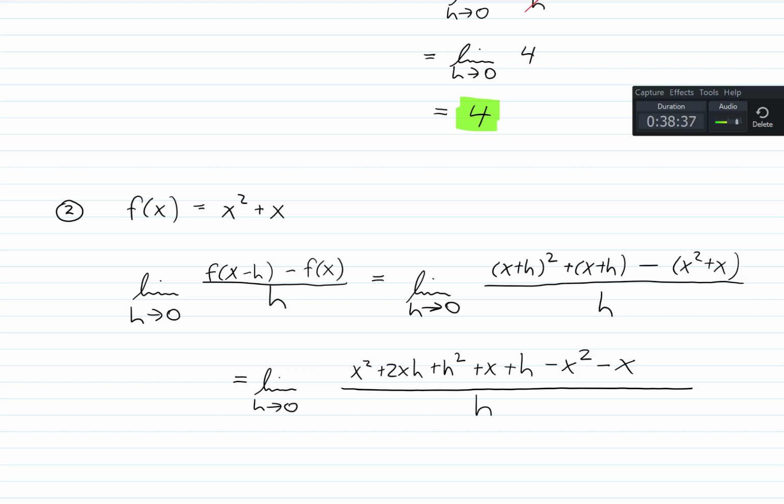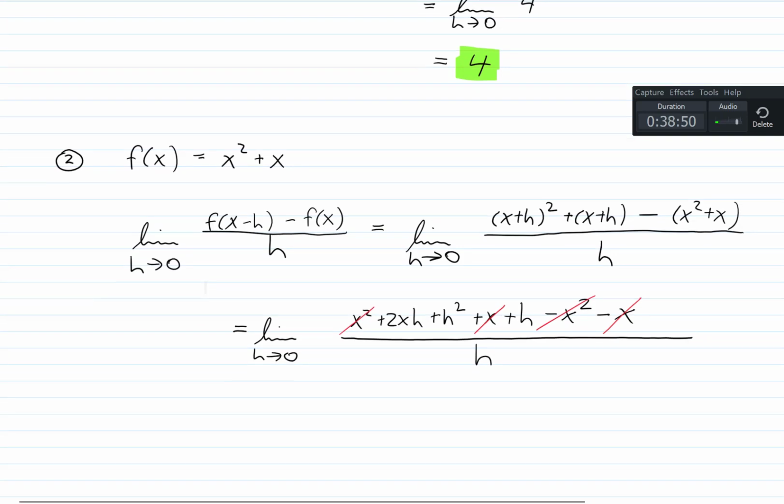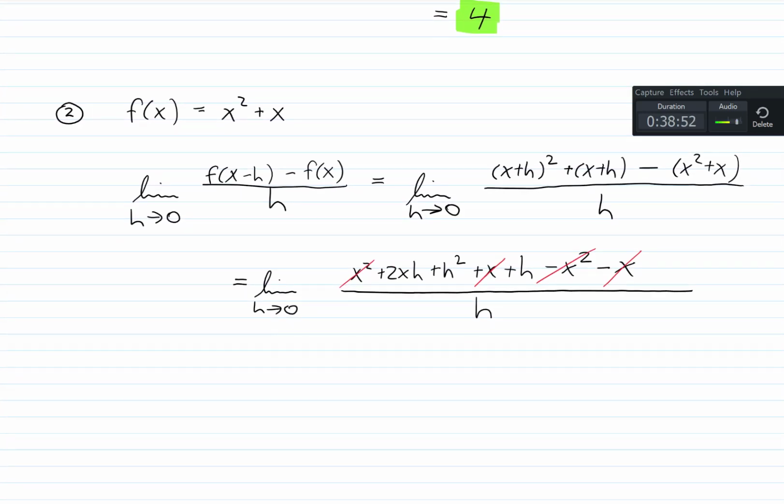Let's see what, if anything, cancels out. This x squared will cancel with that one, and this x will cancel with that one, and that looks like that's all as far as combining like terms on the top. You might see that there's going to be another cancellation in a minute, but right now all I did was combine like terms on the top.